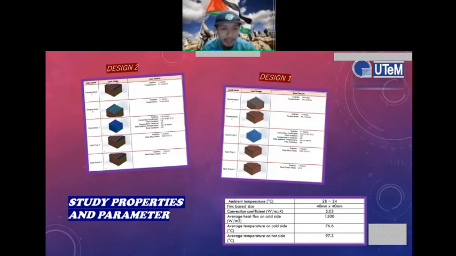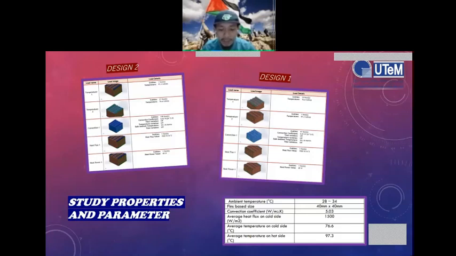For the analysis, firstly we create two designs of fin using SolidWorks. Also in SolidWorks, we create a new thermal study, and then we put in all the data as given in the assignment sheet, which is heat power 65 watts and heat flux 1500 watt per meter cube.